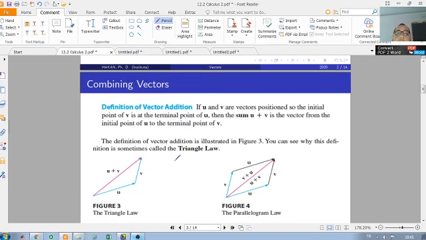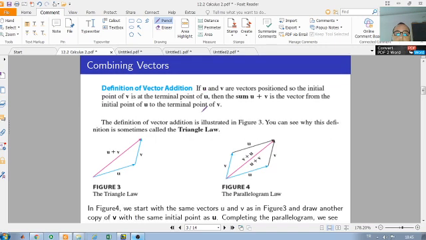So let's define vector addition. From physics, if u and v are vectors positioned so the initial point of v is at the terminal point of u, then the sum, denoted by u plus v, is the vector from the initial point of the vector u to the terminal point of the vector v.